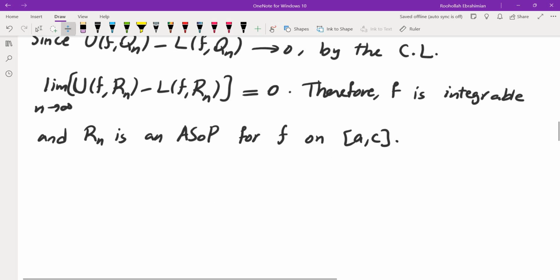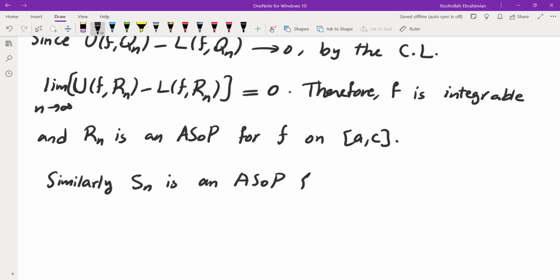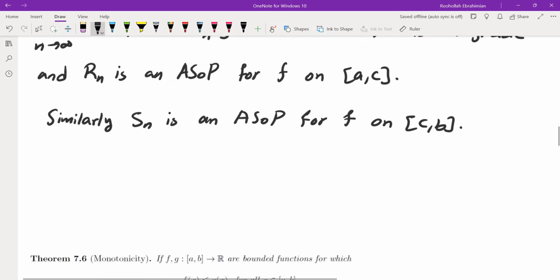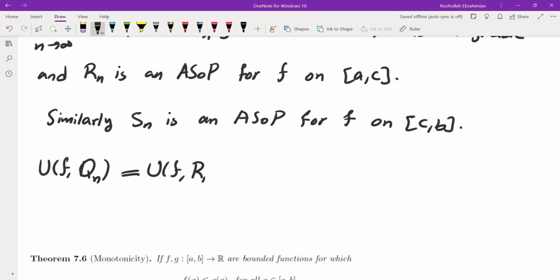And then an identical argument shows that similarly Sn is an Archimedean sequence of partitions for f on [c, b]. If you look at the upper sum of f with respect to Qn, we know that's the same as the upper sum of f with respect to Rn plus the upper sum of f with respect to Sn.